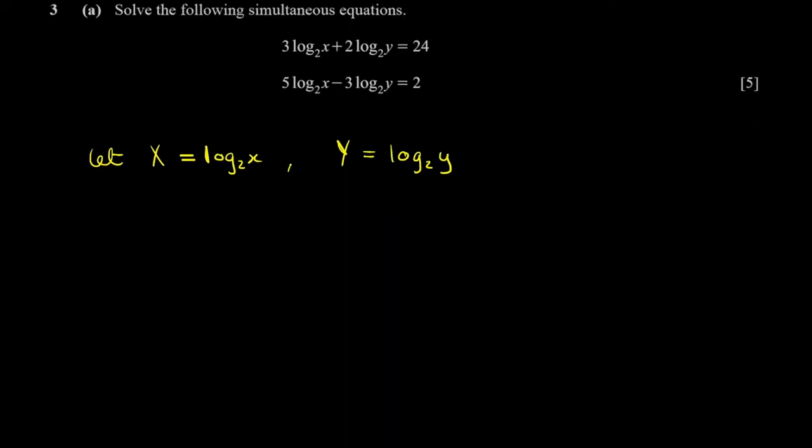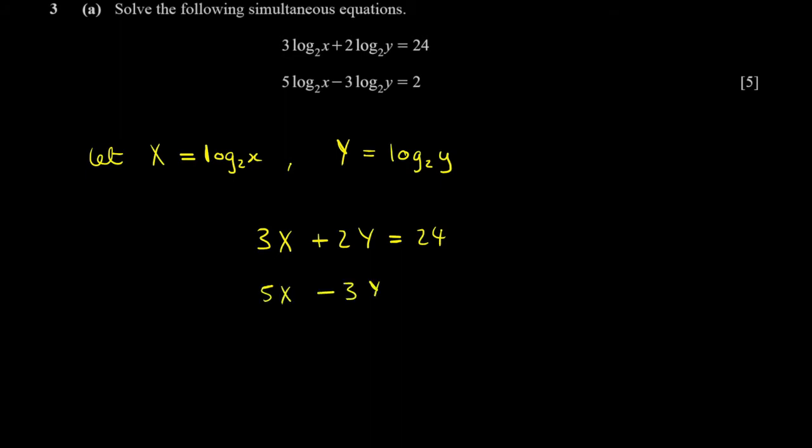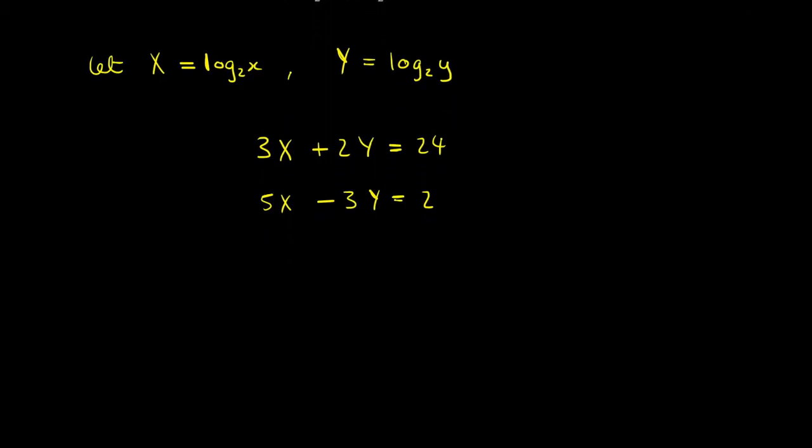And the reason for doing that is then these pair of equations become 3X + 2Y = 24, and 5X - 3Y = 2. And it's just a lot easier to solve those equations, which are linear equations.